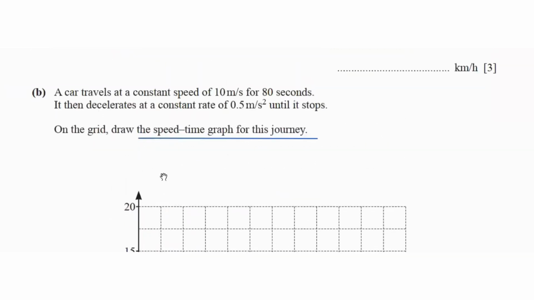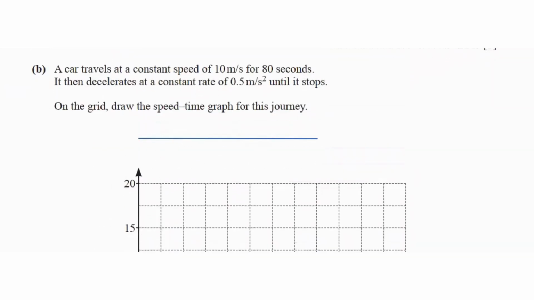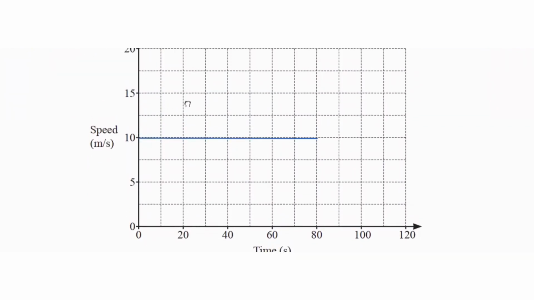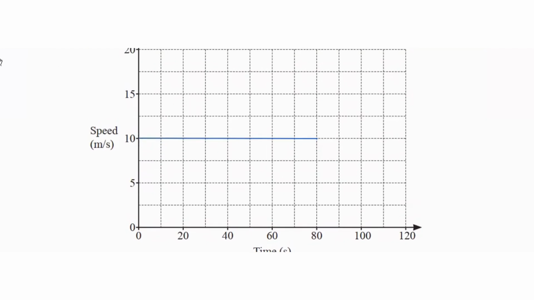And then it decelerates at a constant rate of 0.5 meters per second squared. So we need to find the final time. So what we'll do is negative 0.5, because it's deceleration, equals your speed going from 10 to 0. And at 10, your time is 80 minus x. So it's going to be negative 0.5 equals 10 over 80 minus x.